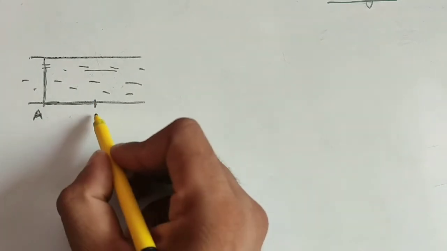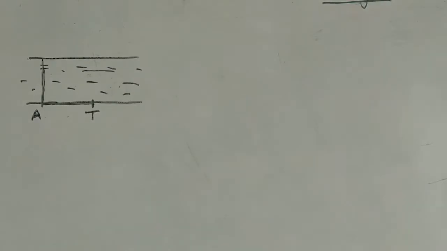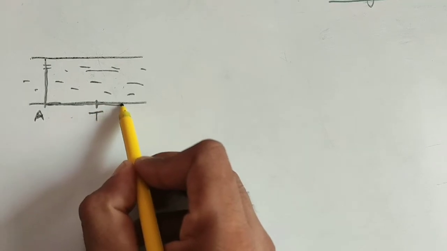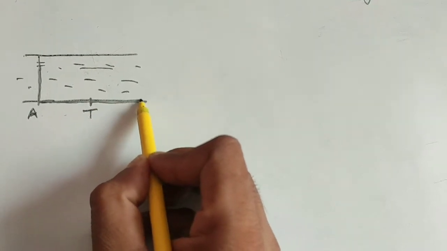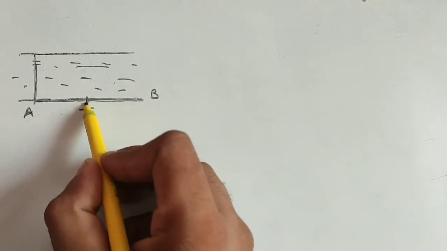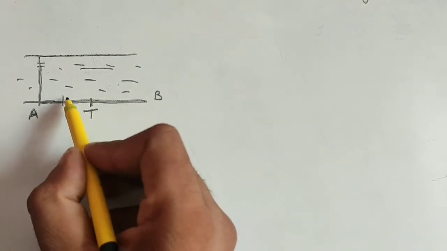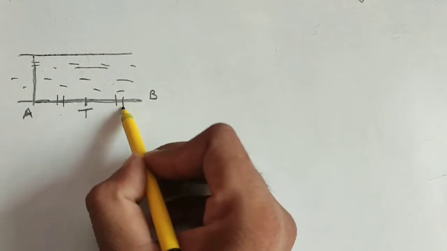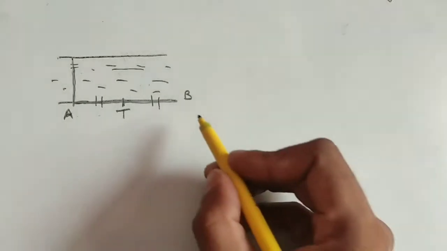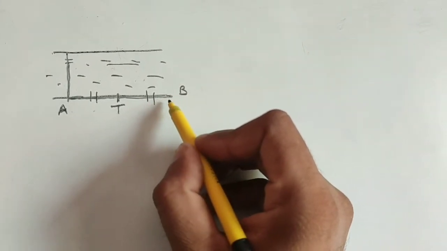Suppose there is a point T, and we move along the river to a point, suppose B, and we have to choose a point T in between AB.